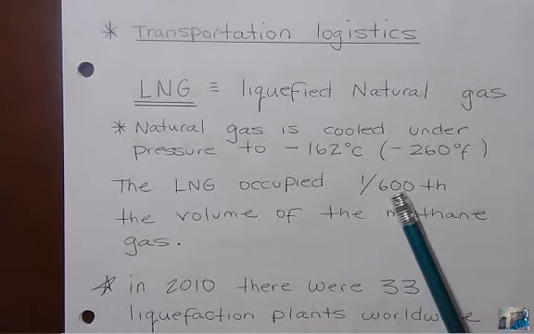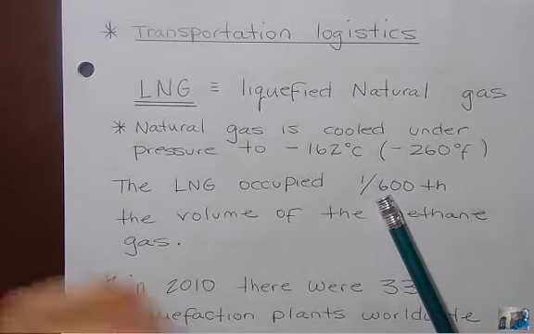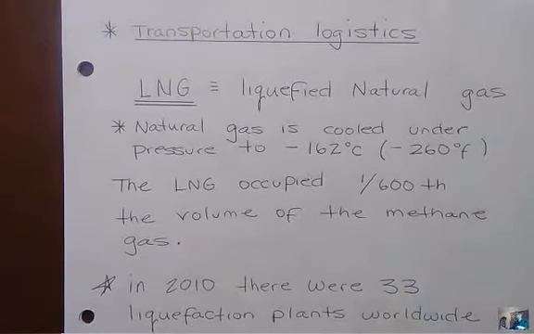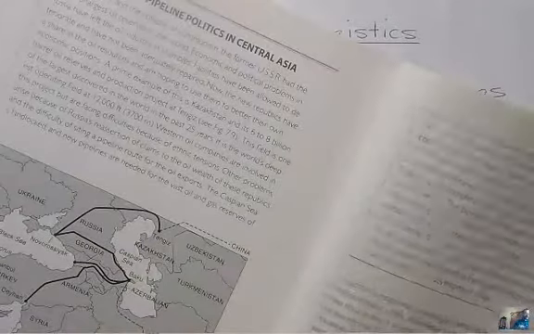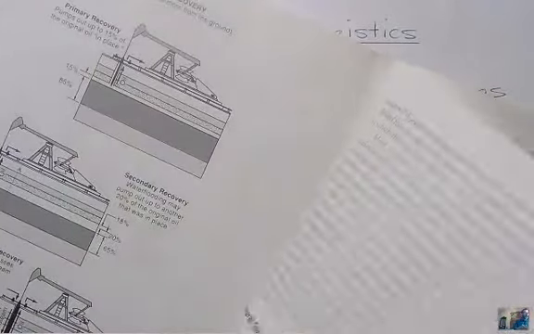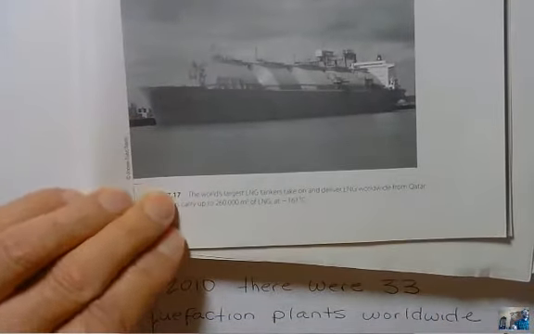So picture in Seattle, a station where ships could dock. I'll show you what they look like. Right, these things are huge. They look like oil tankers, only instead of being designed to carry oil, they're designed to carry liquefied natural gas.